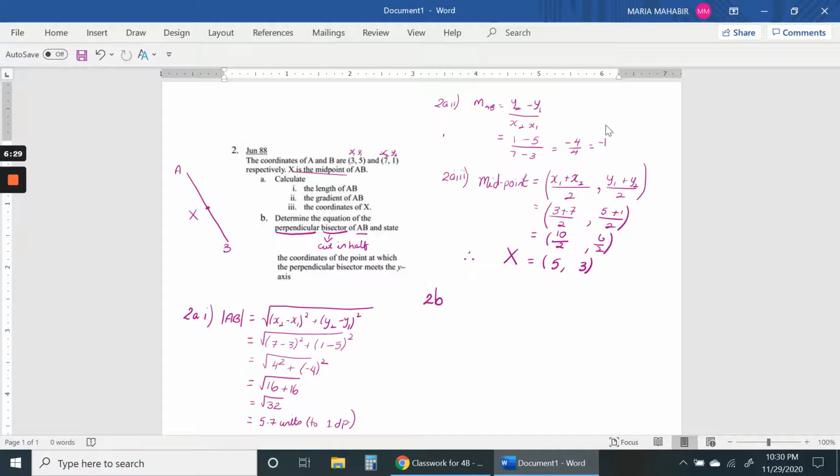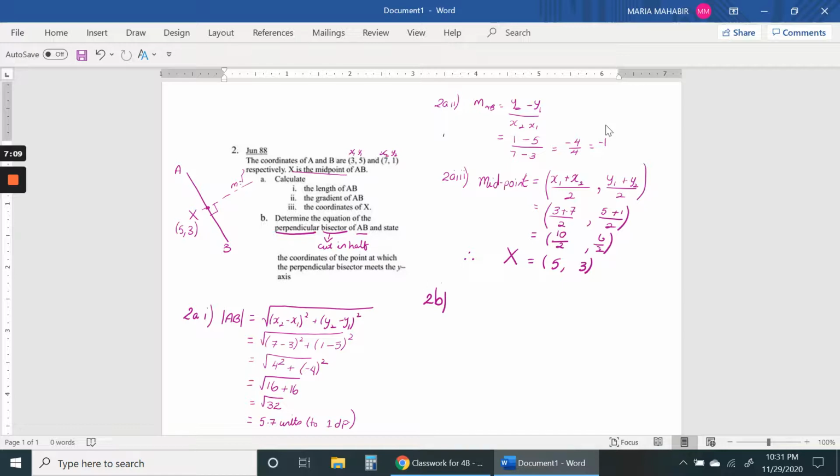They want you to find the equation of the line perpendicular to AB. So to find the equation of the line, we need to know at least one point on the line, and we know X is (5, 3). And we need to know the gradient of the line. We don't have the gradient yet, but we could find it.